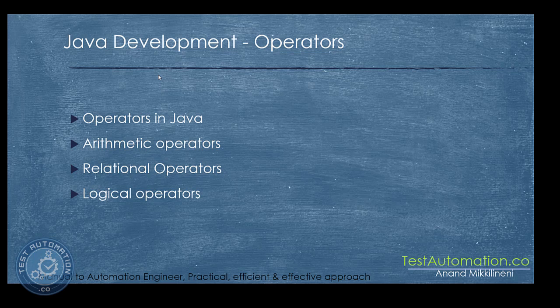In this lesson, we're going to talk about operators in Java. Primarily, we will see definition and examples of three kinds of operators: arithmetic operators, relational operators, and logical operators. Let us take a look at the definition and an example.